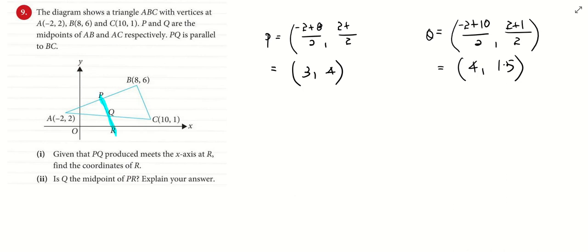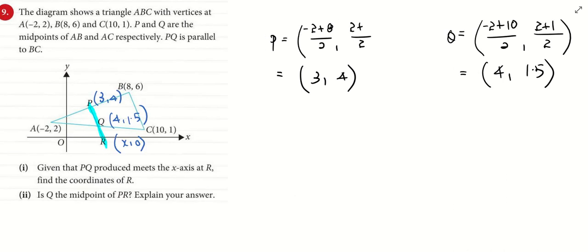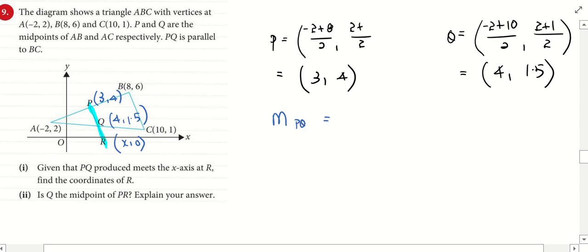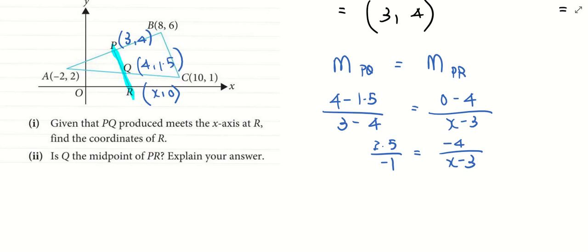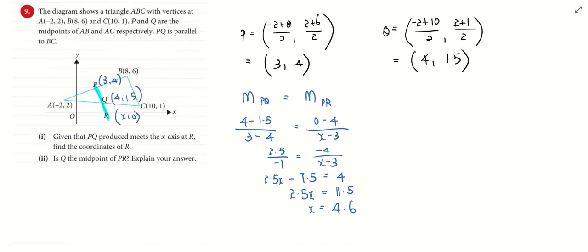Let me indicate the coordinates now. So the gradient of PQ must be equal to the gradient of PR. My job is to find the value of x. After solving, we will get x is equal to 4.6.